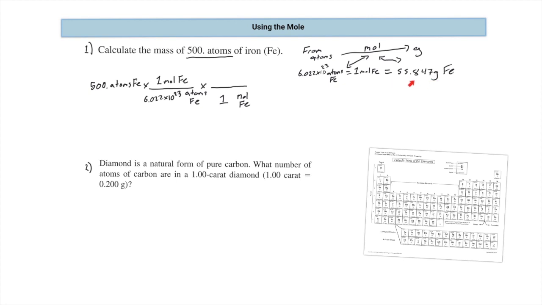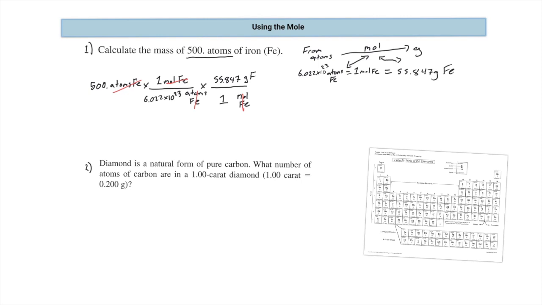Grams of iron is where we want to go. 55.847 must go on top. Make sure you've done this right and our units cancel. Atoms of iron, atoms of iron, moles of iron, moles of iron. We've set it up correctly.